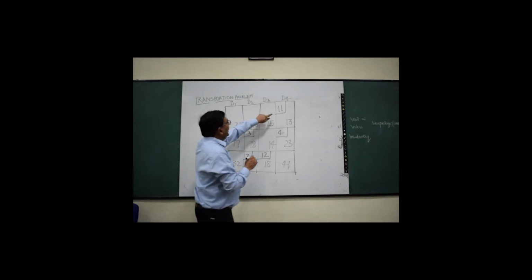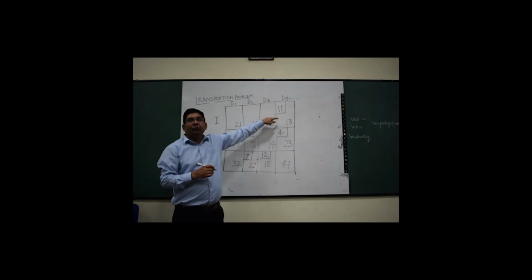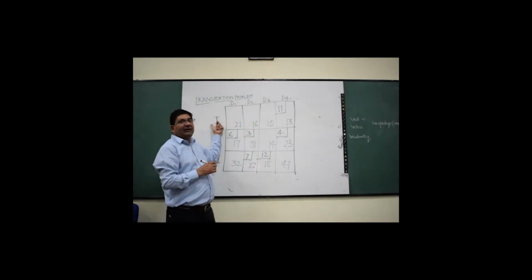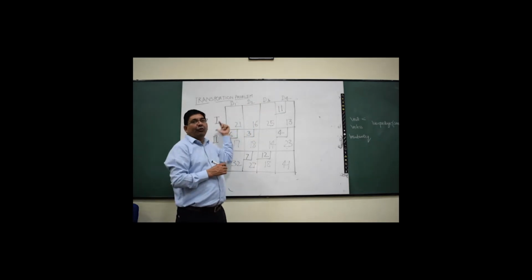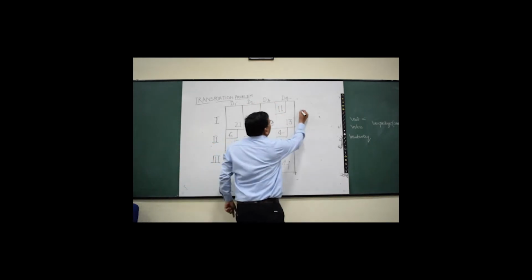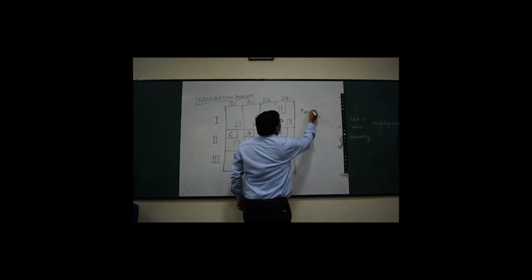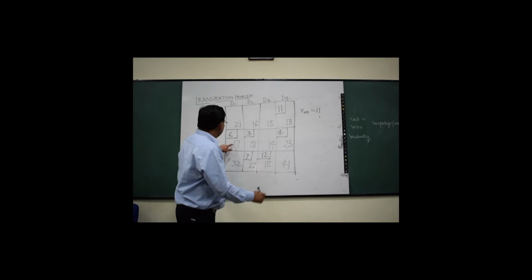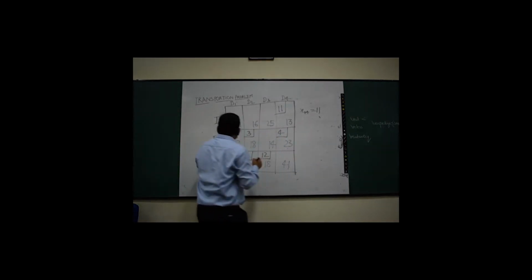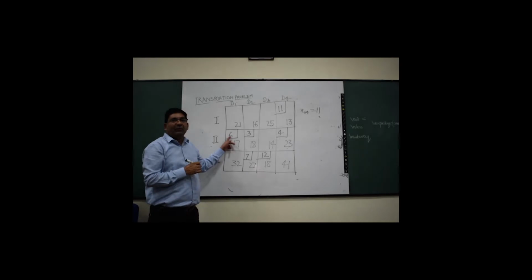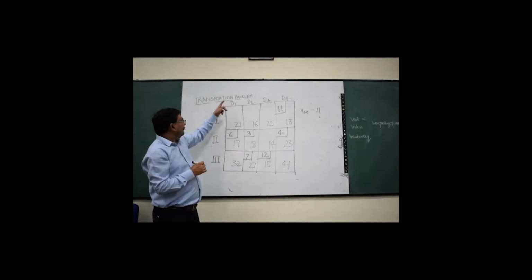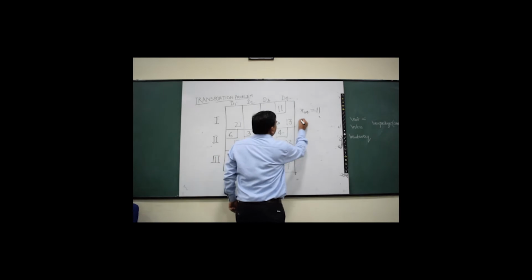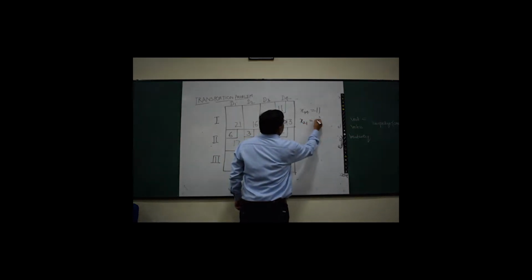Now this is my initial basic feasible solution. This is the amount to be transported from first source to fourth destination, so x14 is 11. Again, 6 units are to be transported from second source to first destination, so x21 is 6.